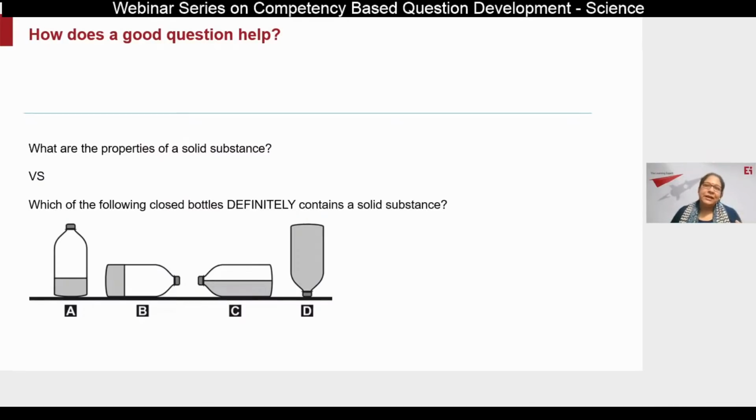Unless I've understood that there are strong intermolecular forces, less kinetic energy, and that solids do not change shape with their containers because of those reasons, I'll find it difficult to answer the second question. That's why designing a question in a certain way and putting a layer of good options which help children think, so that only those children who've understood the concept well can answer, is something a good question does.